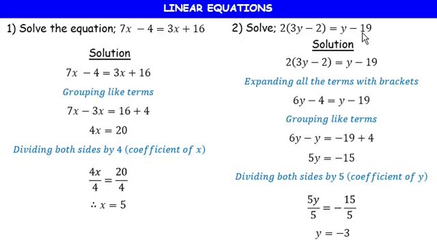So we have y minus 19. Wherever we see y, we put negative 3 there, so this becomes negative 3 minus 19, and negative 3 minus 19 will give you negative 22. So it means that we are correct. The left is equal to the right, right?